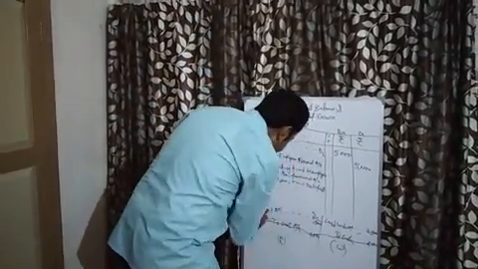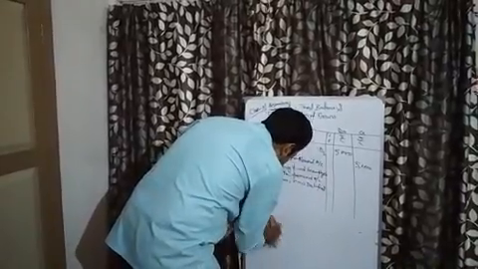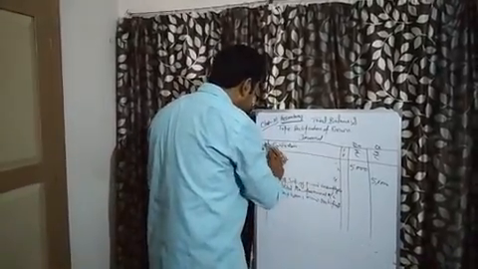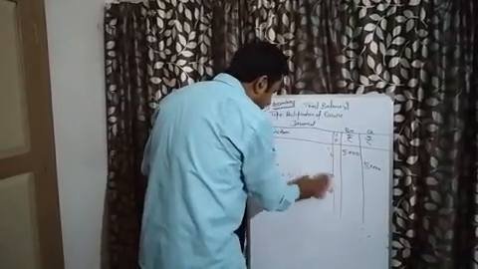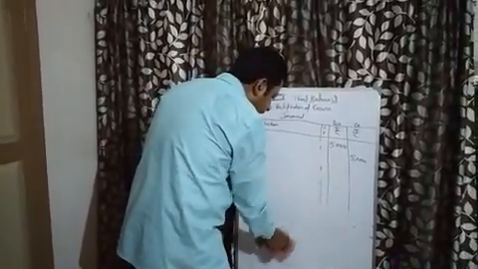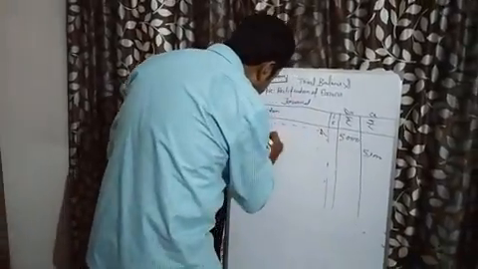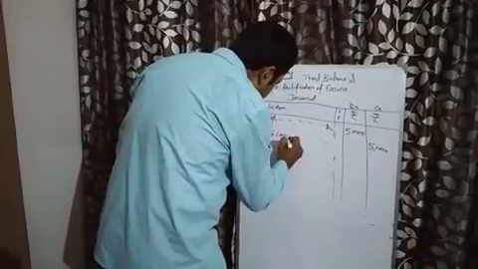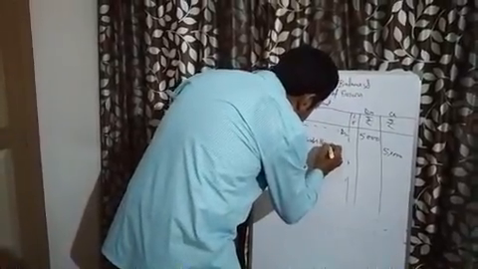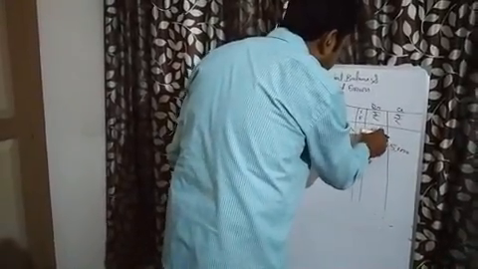So here the same thing will happen. Instead of salary we have to write rent account debit to landlord's personal account, and the amount will be 4,000 and 4,000.